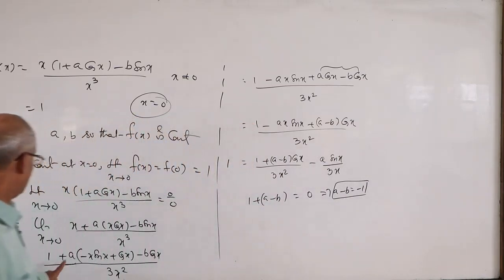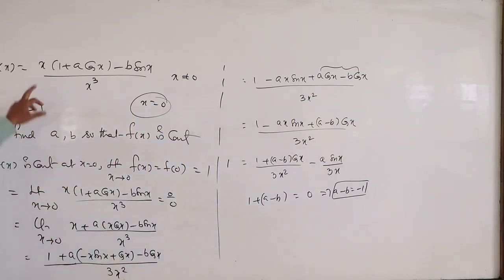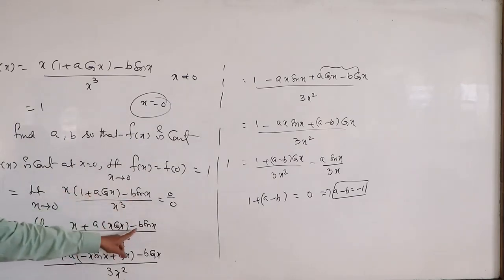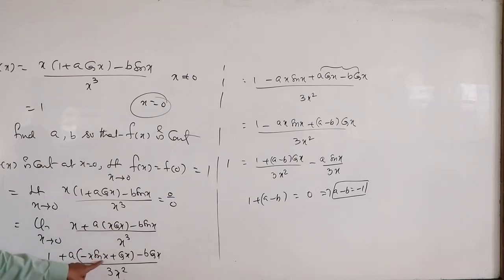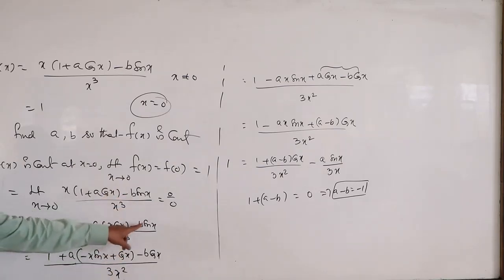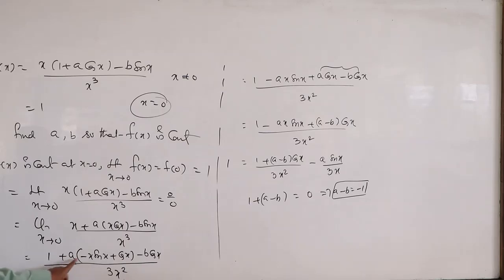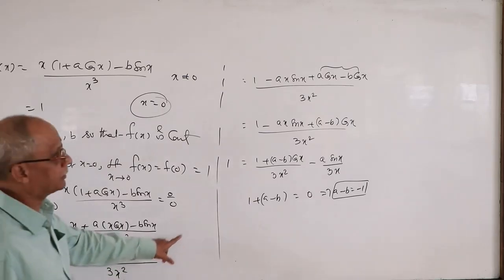Further, the numerator is 1 plus a x cos x minus b sin x, x derivative 1, a constant, UV rule, x into cos x derivative minus sin, cos x into x derivative 1, minus b sin x derivative cos x: 1 minus ax sin x plus a cos x minus b cos x.